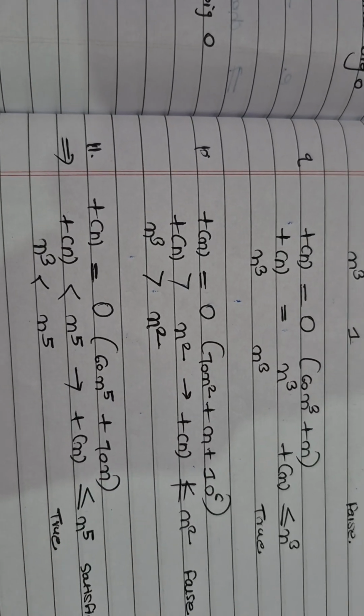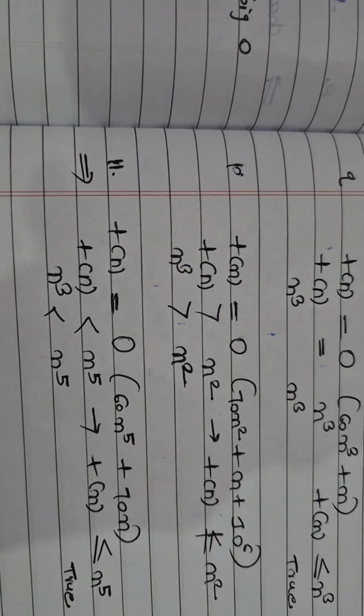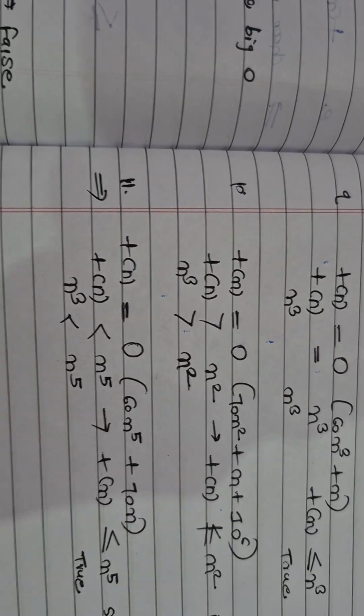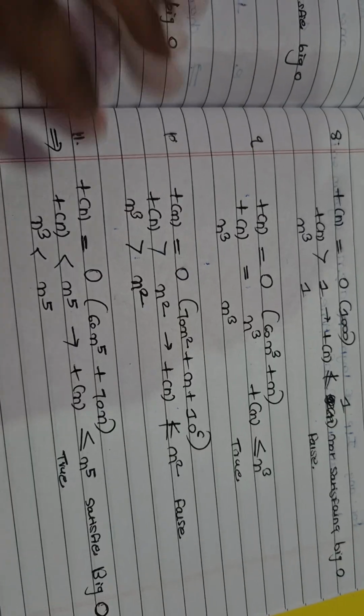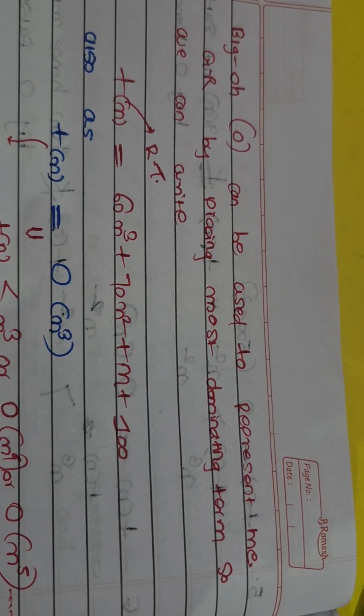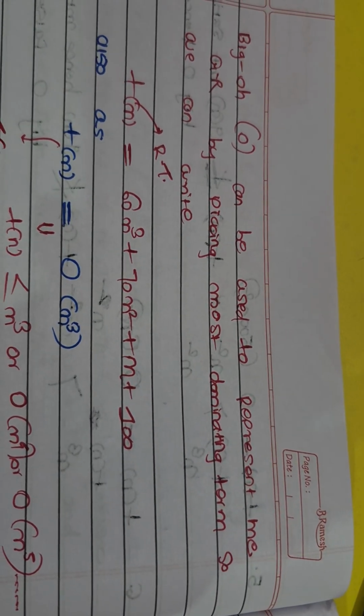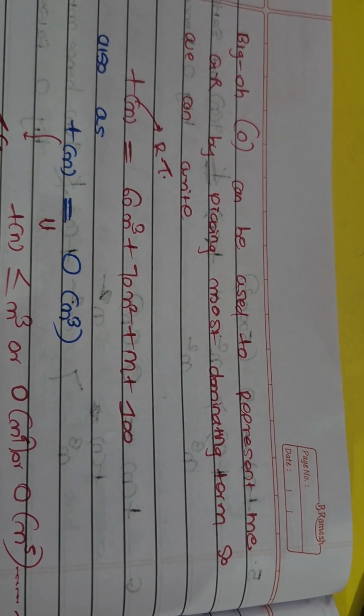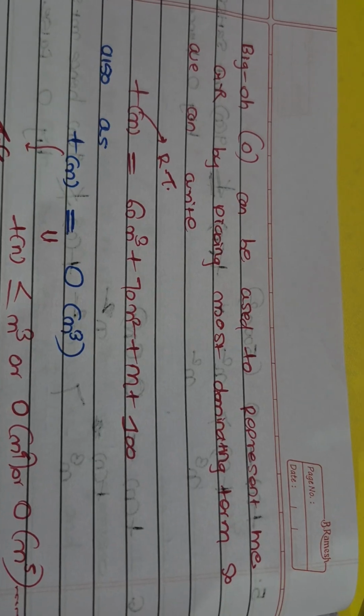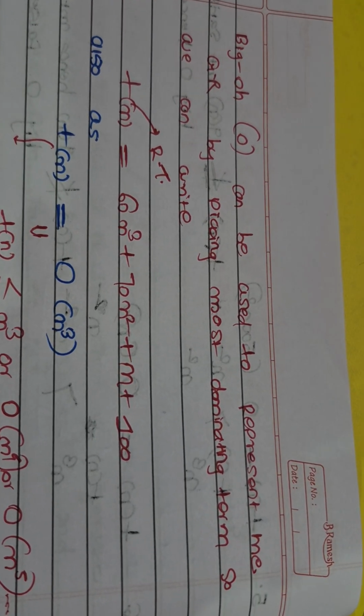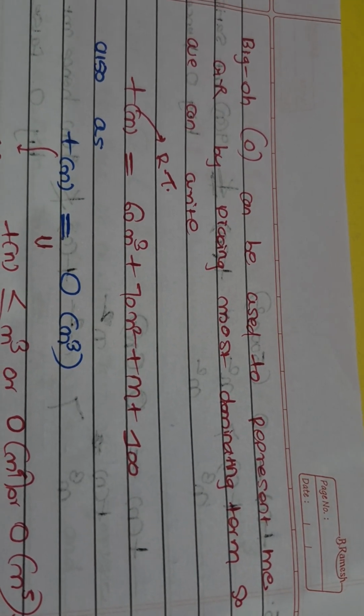N cube is less than n5, so it satisfies T of n less than or equal to G of n, and it satisfies big O, so it's true. So the conclusion is that big O can be used to represent the growth rate by picking the most dominating term. So we can write T of n equal to 60 n cube plus 70 n square plus n plus 100, and T of n is the running time.